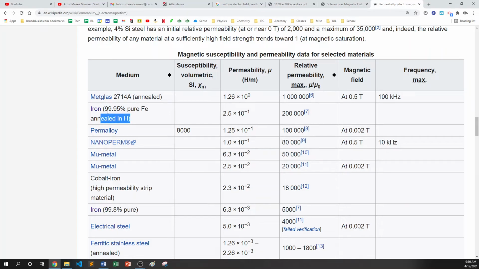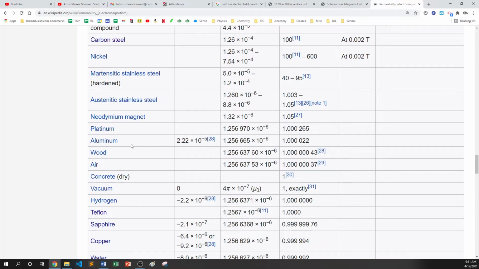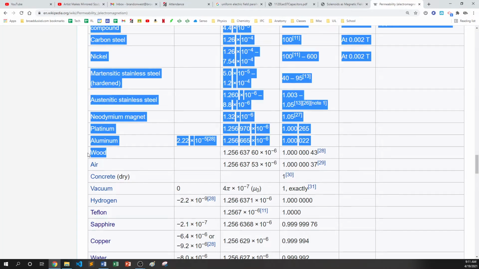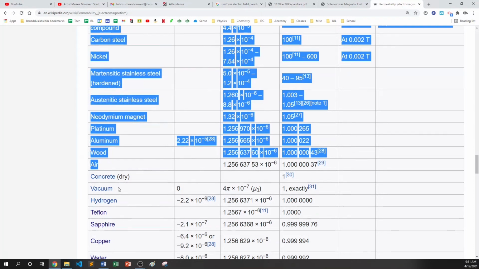And if you do ultra pure iron annealed with hydrogen, you get up to 200,000. So wood is only ever so slightly more than air, and air is ever so slightly more than vacuum.